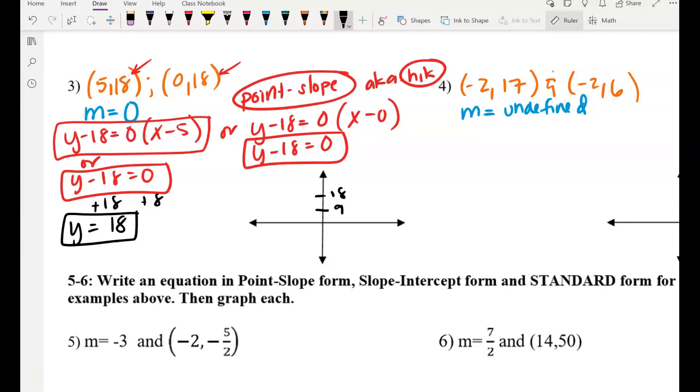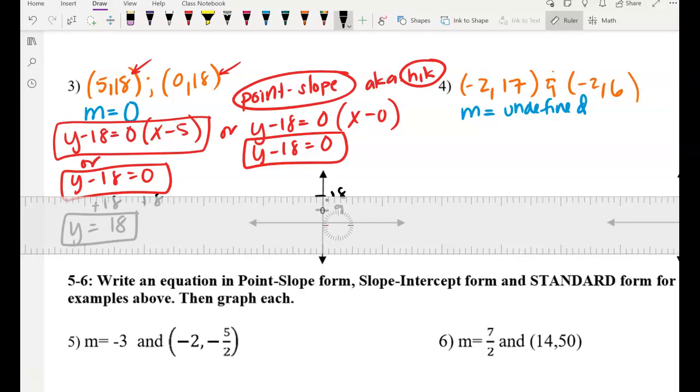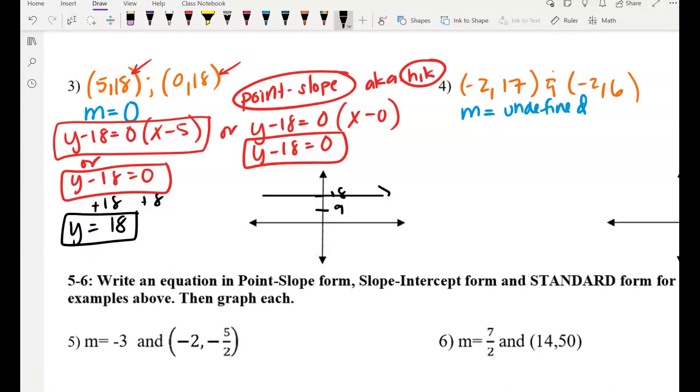Well, the slope of 0, we know is horizontal, and the y-intercept is like this, okay? So that's exactly right. Now, if you want to, could we have written 0x plus 18? Sure, that's also okay, because in front of your x is the slope, and the slope is 0, because 0 times x is still 0. So that is your y-int form.